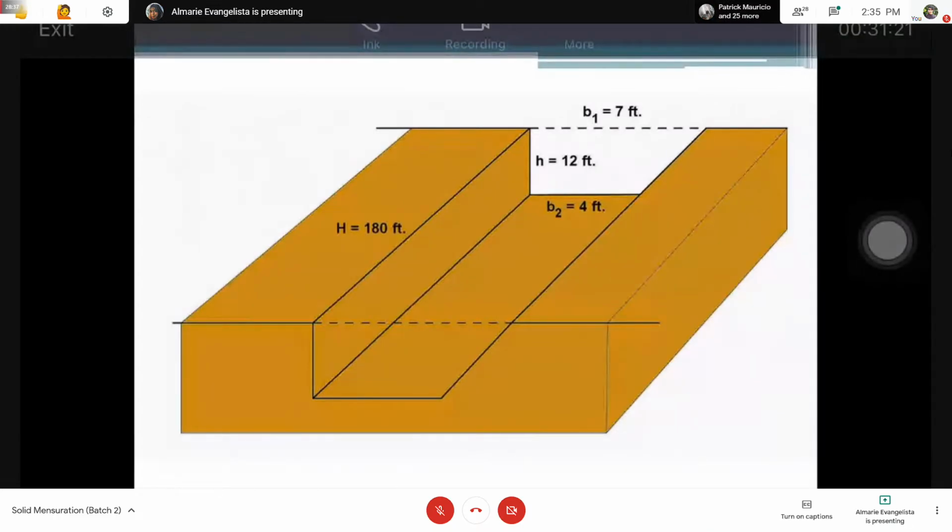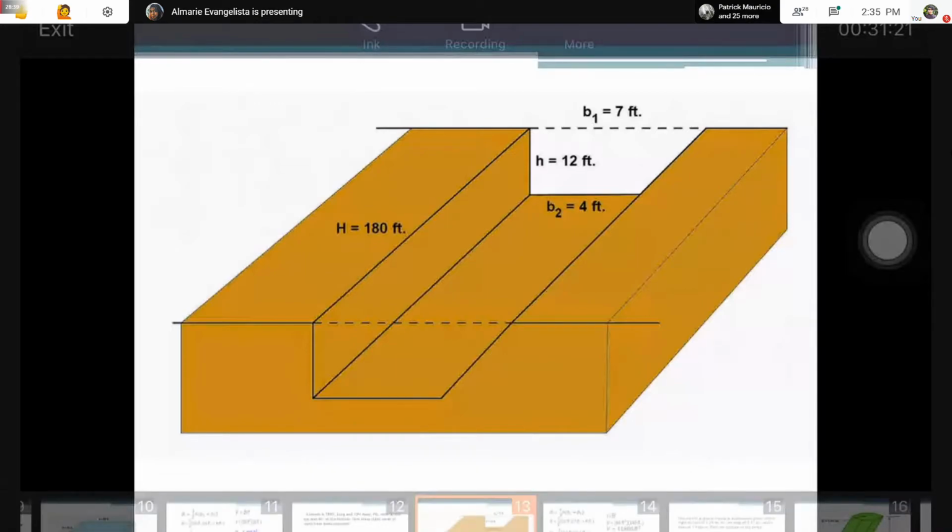So, same lang din siya nung kanina. Ang area nung trapezoid is 1 half times height times base 1 plus base 2. And then, kunin mo muna yung area, tapos times mo lang siya sa height.